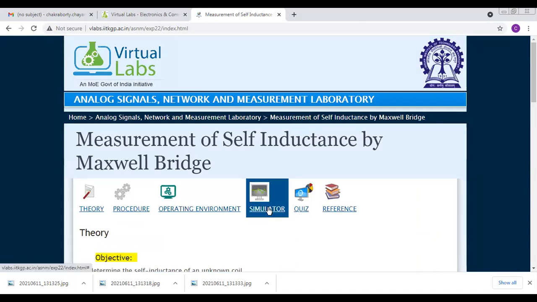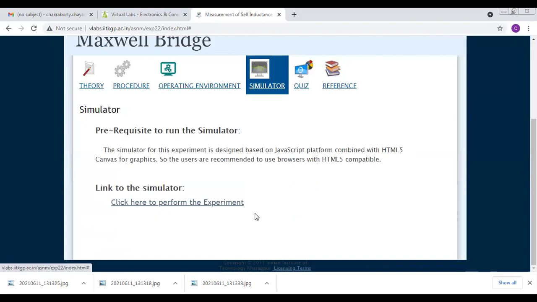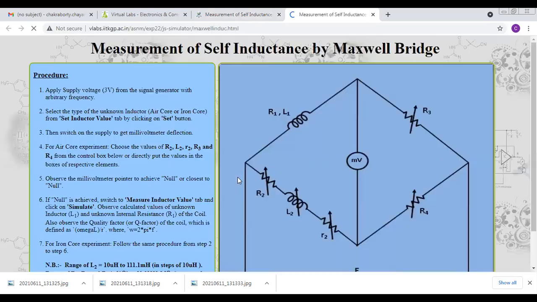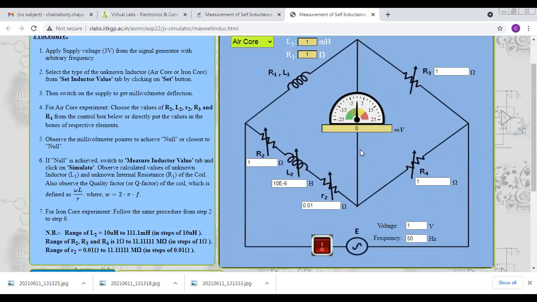Now going for the simulator. Look, here is the platform. Now just click over here. You can get this. Guys, you can find this type of platform there.